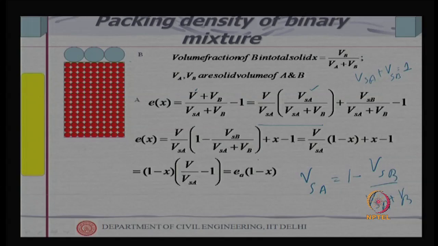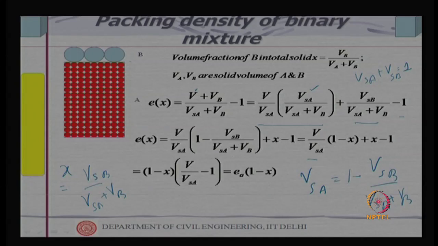So, I am writing it like this, and if I define x, what was the x? The definition of x was V_SB divided by the total volume, that is the fraction of solid volume of B in the total volume, that is what we defined as x. So, this is x, and this is also x, by definition, and minus 1.